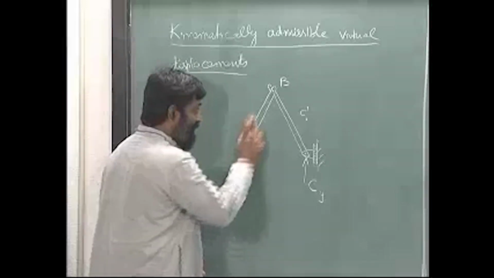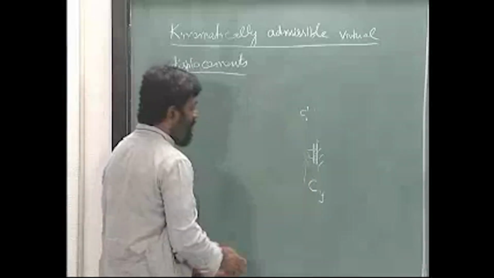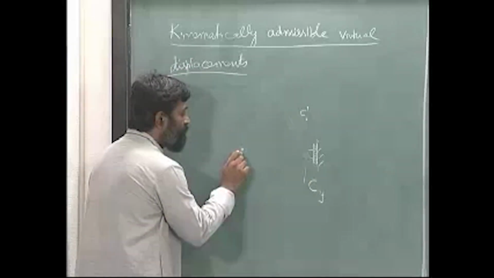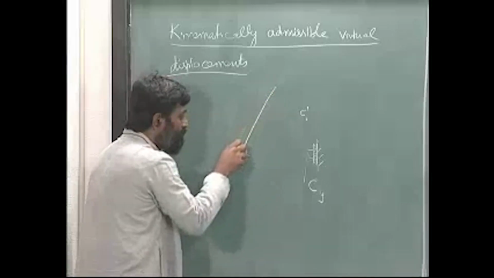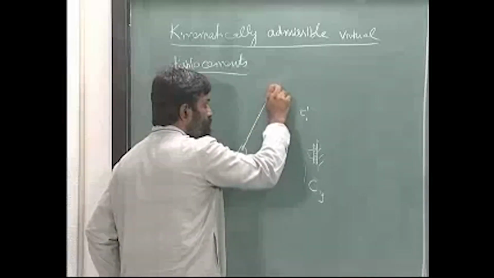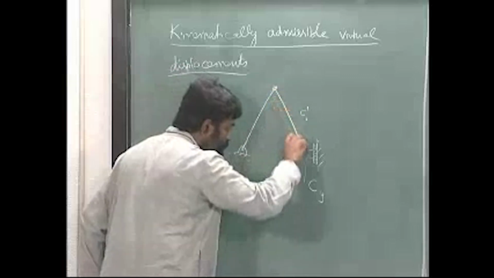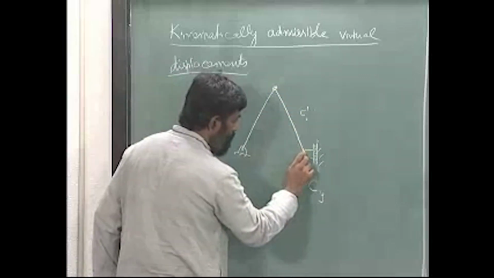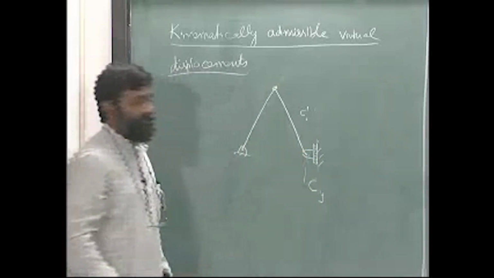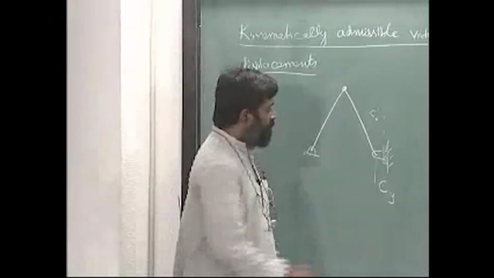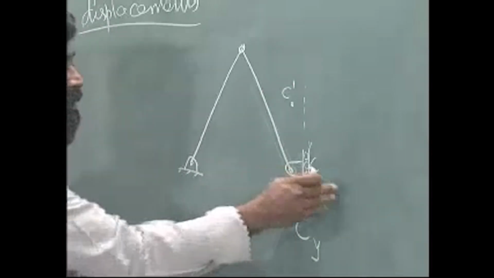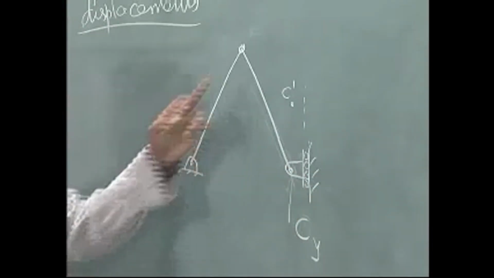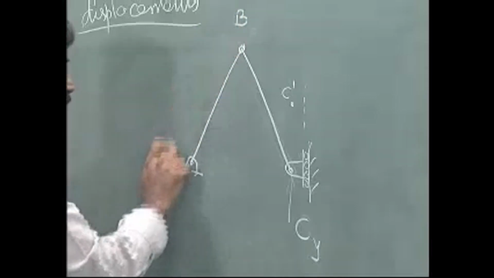So, let me just erase it, draw the line diagram. This is what we have. Mind you, this is a hinge with a roller support onto the fixed frame of reference. This is B, this is A.